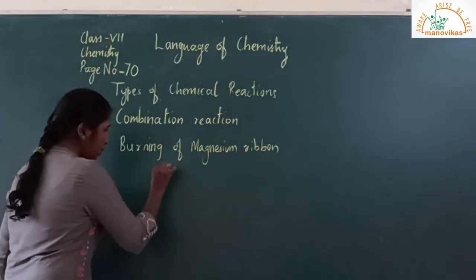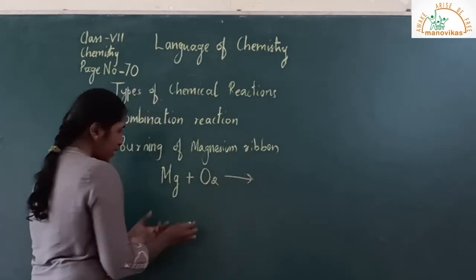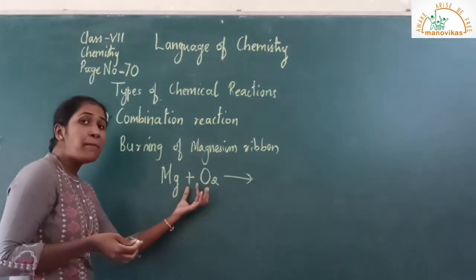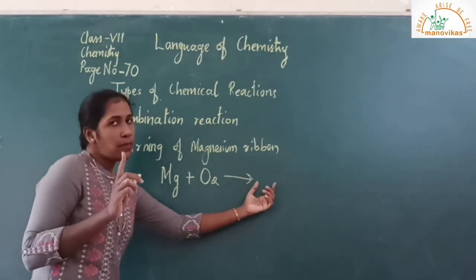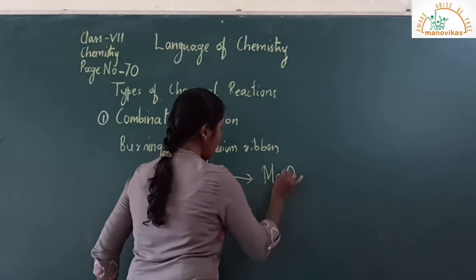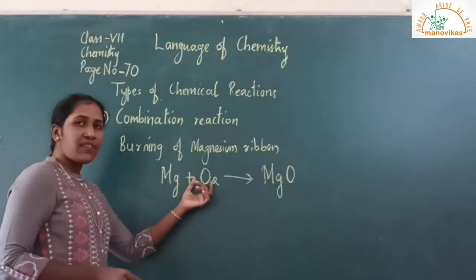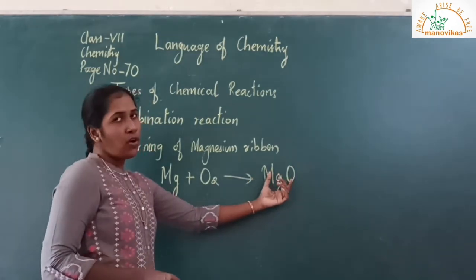So here magnesium, when it comes in contact with oxygen, that is two reactants combine to form one product, that is single product, you will get magnesium oxide.